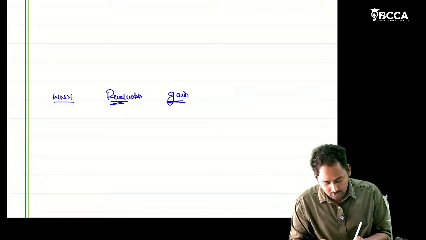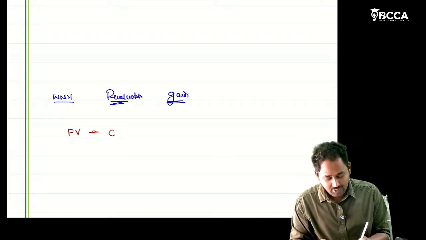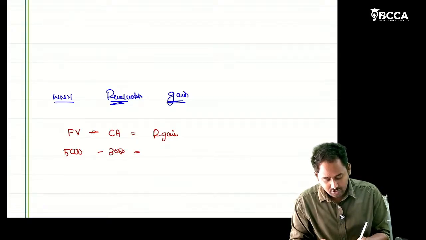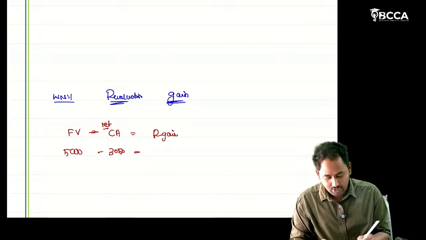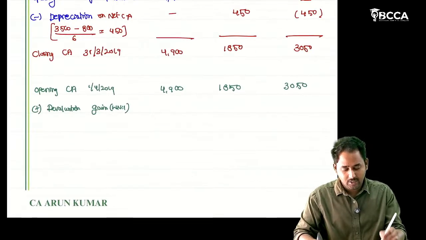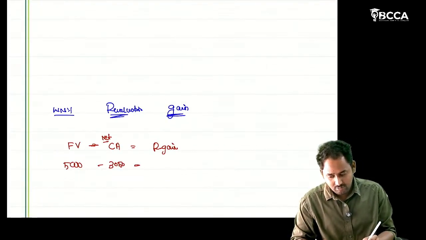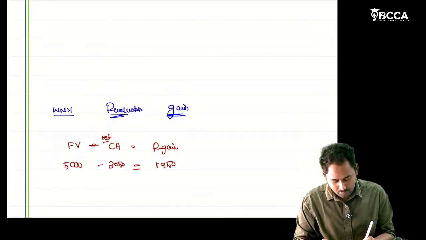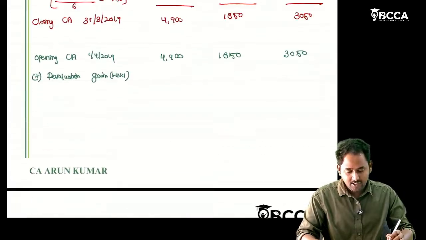Now tell me, what is the fair value? The fair value minus carrying amount gives the revaluation gain. 5,000 minus 3,050. Should always use net carrying amount. So the revaluation gain is 1,950. This 1,950 should be increased.